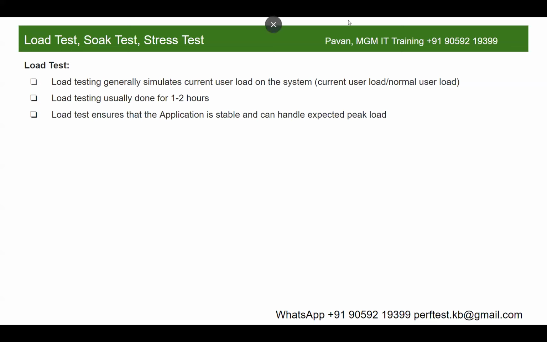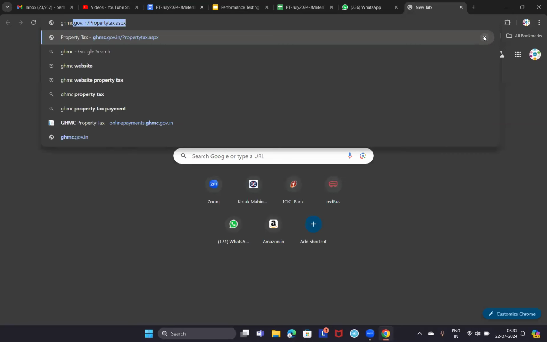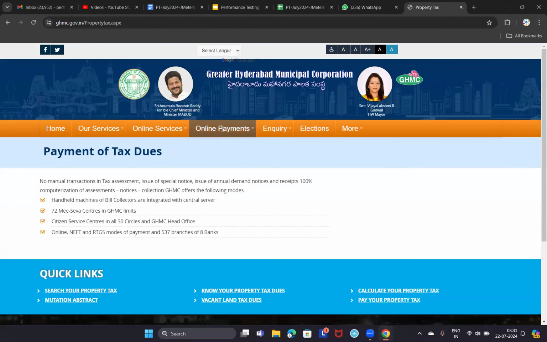Did anyone check the GHMC website after the session? What is the max load in a particular day? No one checked it, right? Did anyone see a number more than 25,000?